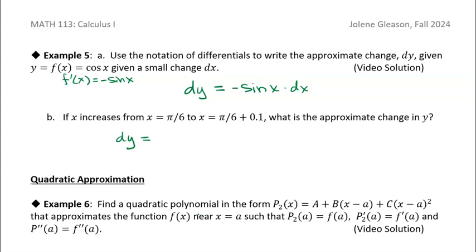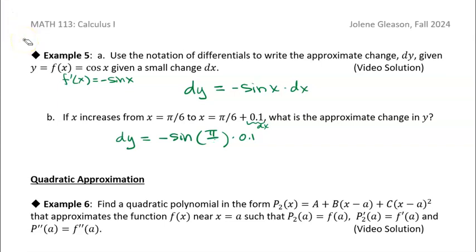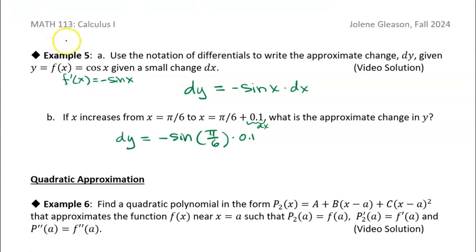So we have negative sine of pi over 6 times our dx in this case, right? Our change is actually this. This is our dx. So I'm going to make this times 0.1, right? That should be a 6. That doesn't look very good, but I'll fix that so it looks like pi over 6. I think you probably figured that out.